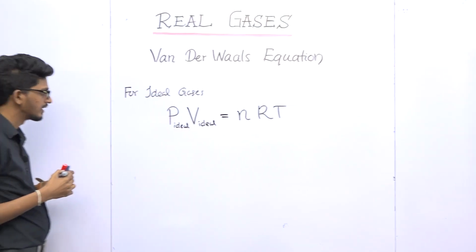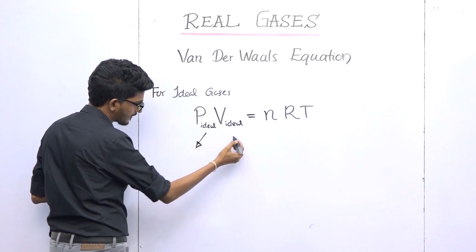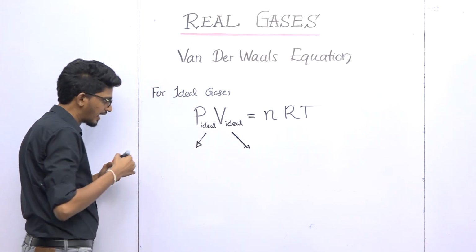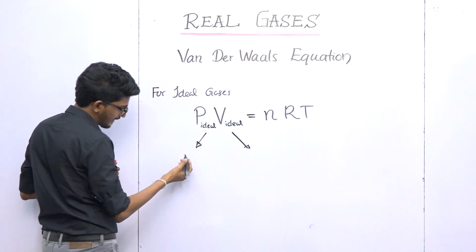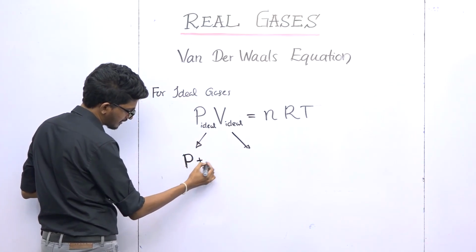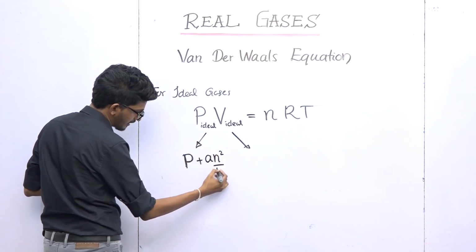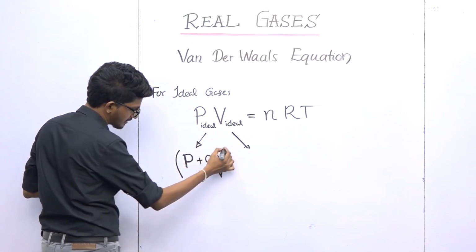So when it comes to real gases, now we have done some corrections. The P ideal is equal to the pressure of the measured real gas plus a n squared over V squared, right? The pressure correction.